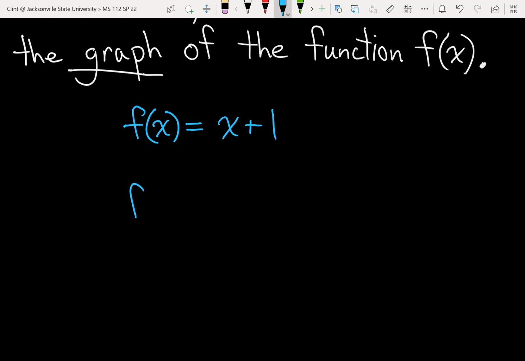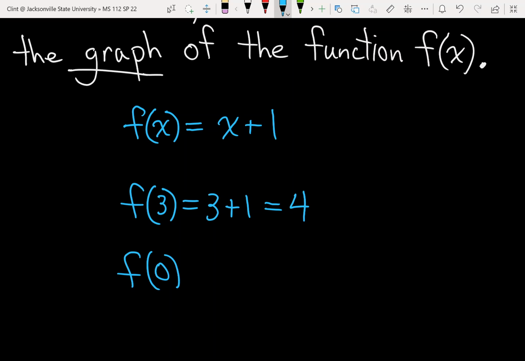If we want to figure out a few values of our function, maybe we would try 3 as our input, and we would get 4 for our output. That's no big deal there. We're just adding 1. We could do a few more.